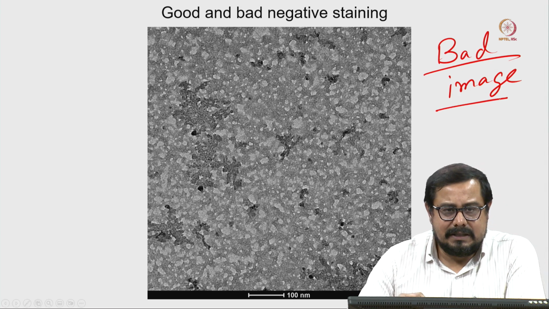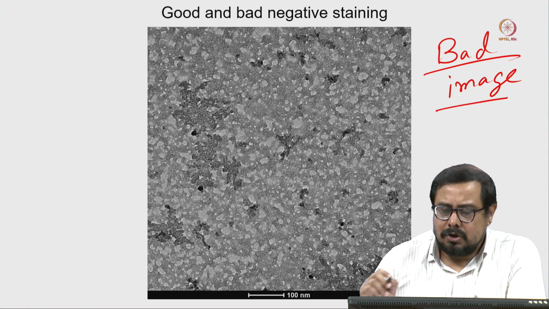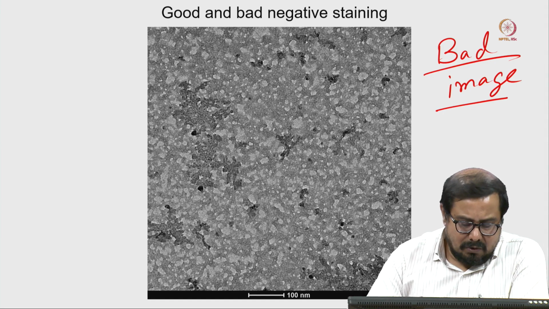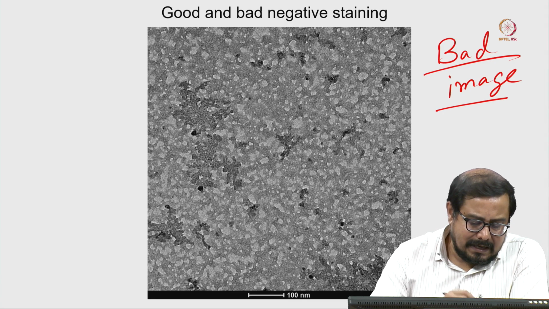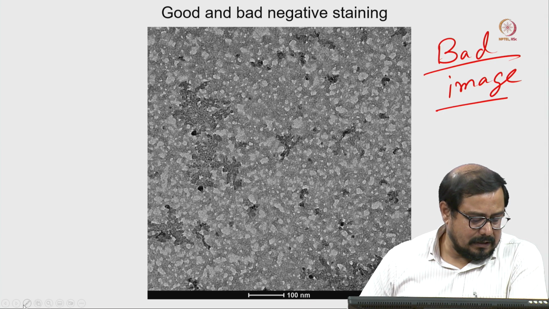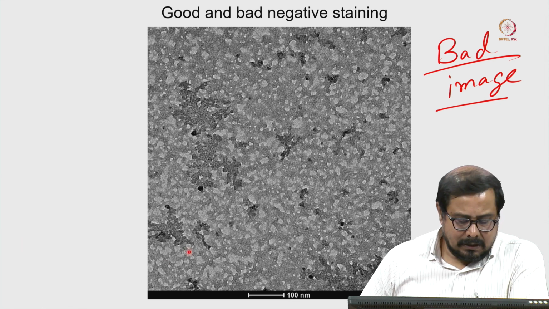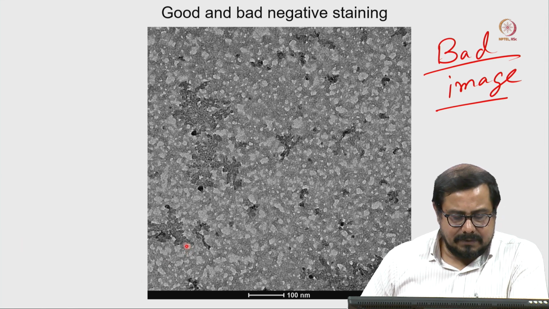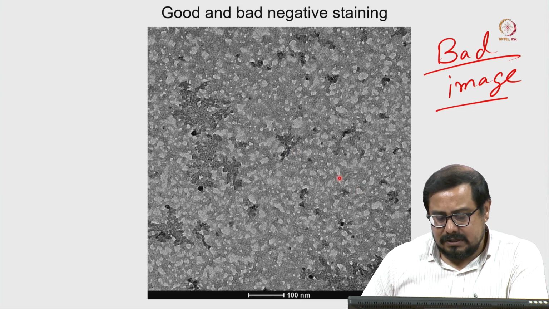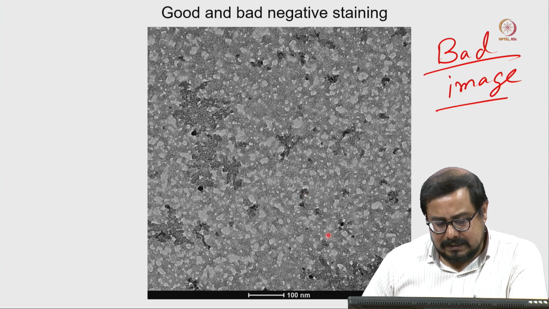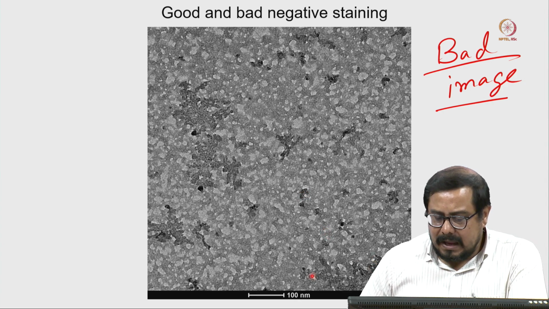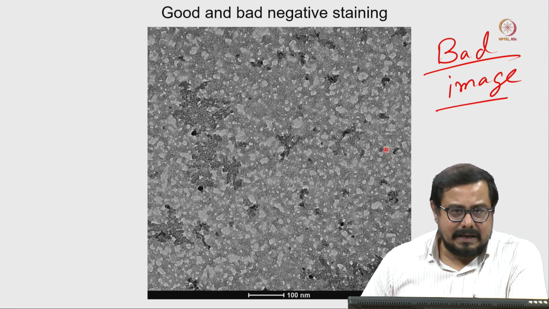Why am I considering this a bad image? If we look, in many places there are white circular parts, something like this one. There are different shapes of molecules, but at the same time, if you pay attention, there are some small molecules where the central part has a hole. I am not very sure if it is a new sample.